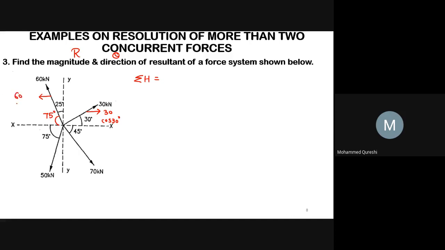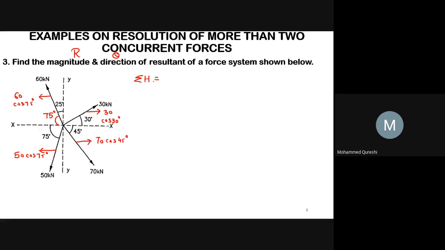So 60 cos 75 degree. Then 50 kilonewton is making an angle of 75 degree with the horizontal x-axis. So here 50 cos 75 degree, and here 70 kilonewton is making an angle of 45 degree with the horizontal x-axis. So 70 cos 45 degree.